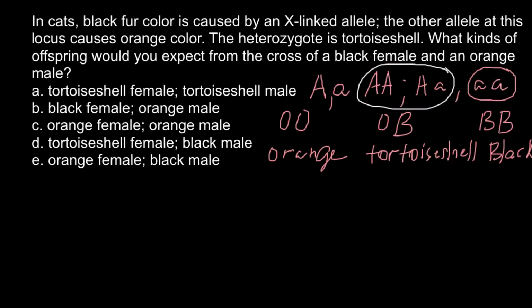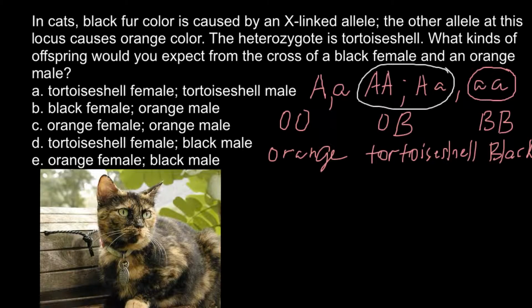But in our case, we have another example that we call codominance, because the heterozygote doesn't have an intermediate color. This heterozygous color would be patches of orange and black. And here is an example of such a tortoiseshell cat. As you see, you don't see a uniform color. These are patches of black and orange fur.